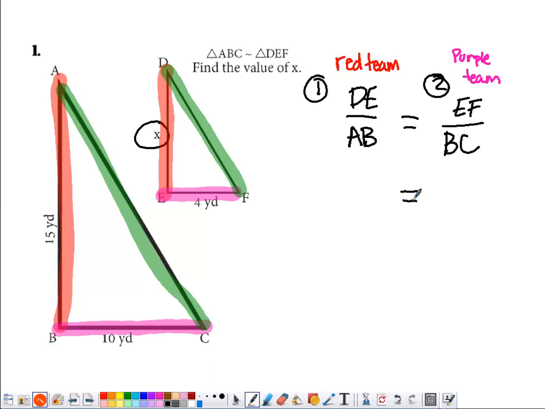Their number is X. And AB, their number is 15. Now my purple team, they're staying on the other side. EF is what? 4. And BC is 10.